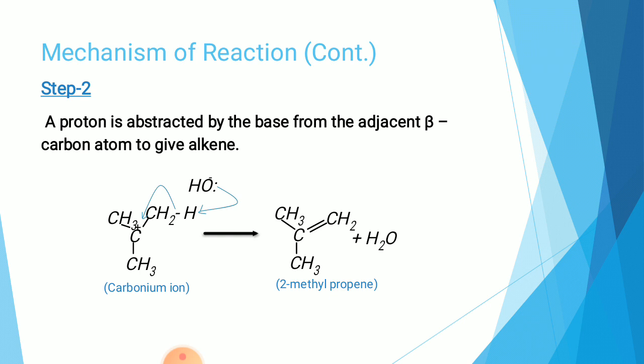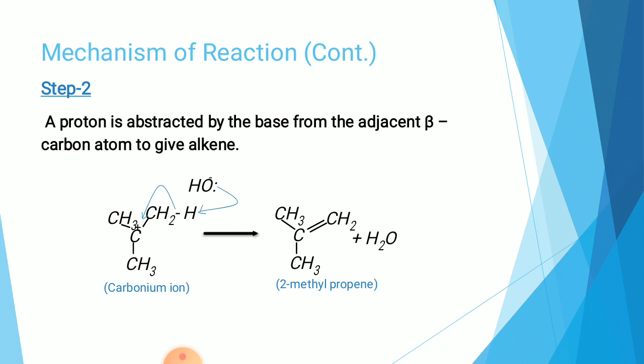So this carbonium ion, carrying a positive charge at the center, when it reacts with a base, the proton from the beta carbon atom is abstracted, or taken away, by the base. Finally it forms an alkene, that is 2-methyl propene, along with a water molecule. So generally the SN1 mechanism involves two steps.